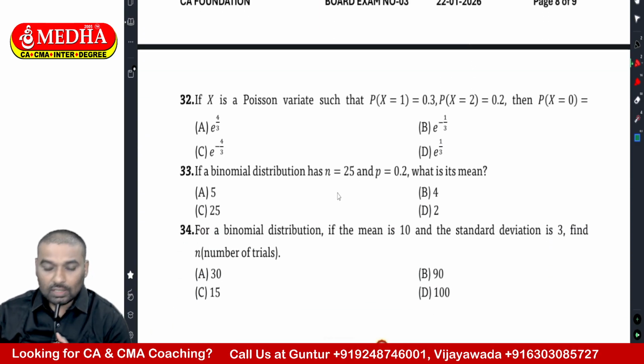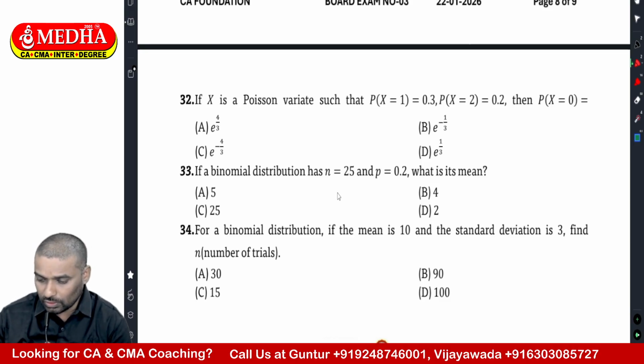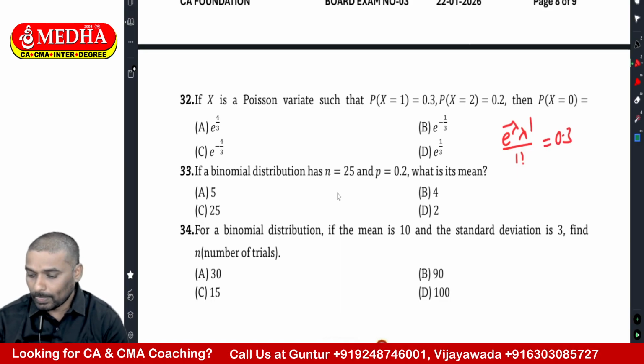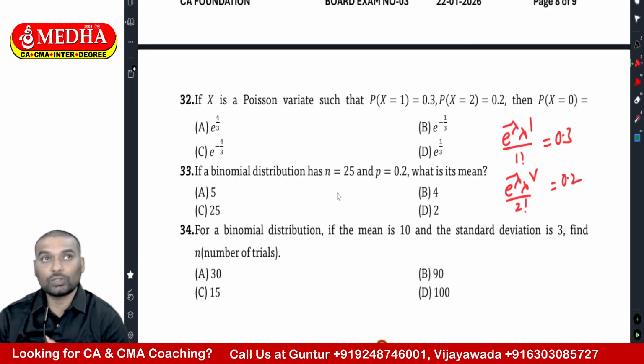If x is a Poisson variate such that P of x equal to 1 is 0.3 and P of x equal to 2 is 0.2, then what is P of x equal to 0? P of x equal to 1 means e power minus lambda, lambda to the power 1 by 1 factorial, that is 0.3. P of x equal to 2 means e power minus lambda, lambda square by 2 factorial, that is 0.2.